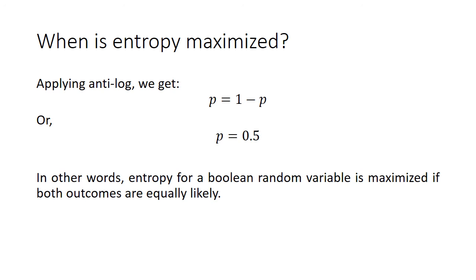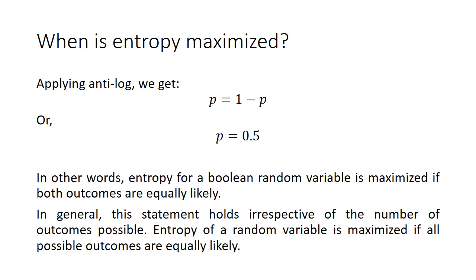And this can in fact be generalized. If we were to generalize this, then the statement holds true irrespective of the number of outcomes possible. Basically, the entropy of a random variable is maximized if all possible outcomes are equally likely. And that makes sense also, because let's go back to our intuitions. You have 3 events, one with a probability of 0.99, the other two with say probabilities of 0.005 and 0.005.